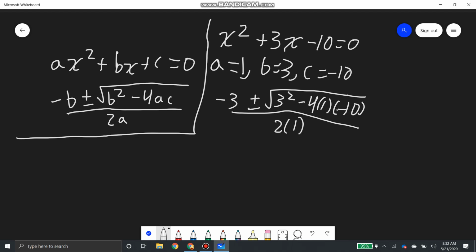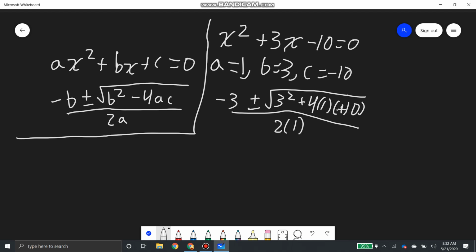So, what you can do here is, before you start simplifying everything, you want to start off with this side, the 4ac. It makes things a lot easier and more simple. So here we already have two negatives, so those negatives cancel each other out.